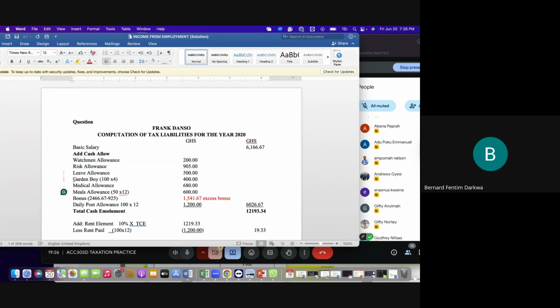Their allowance will not be treated at all because the building belongs to the employer, and the law sees the garden boy and the security man as working for the company more than even the person who's staying there.